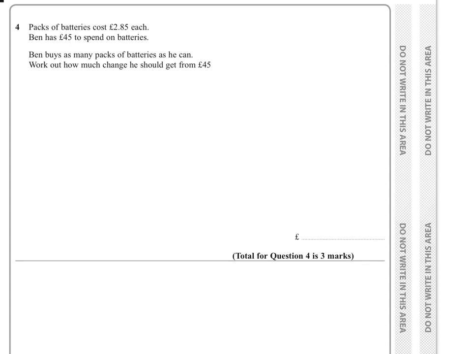Question 4. Packs of batteries cost £2.85 each, and Ben has £45 to spend on batteries. We've got to work out that if he buys as many batteries as he can, how much change would he get from £45? So let's see what's the maximum amount of packs that you could buy. So let's do £45. We want to divide that by £2.85.